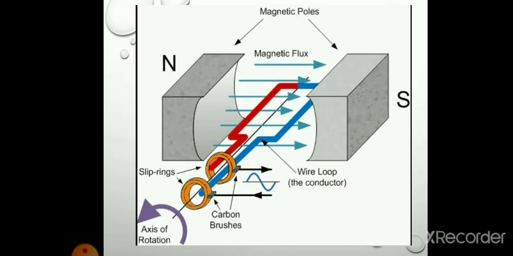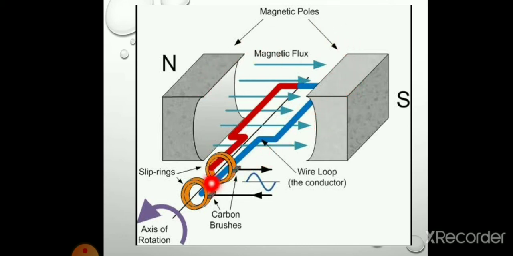Now let us look at the DC generator. So this is the AC generator. You can see how the magnetic field lines are from north to south here. You can see these are the two poles of a magnet.